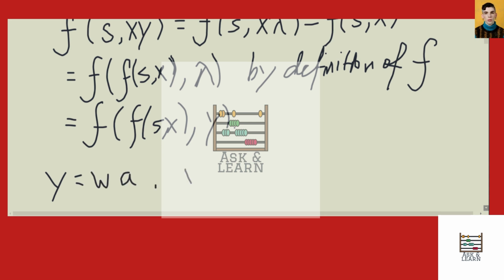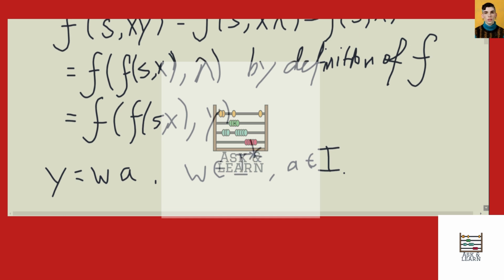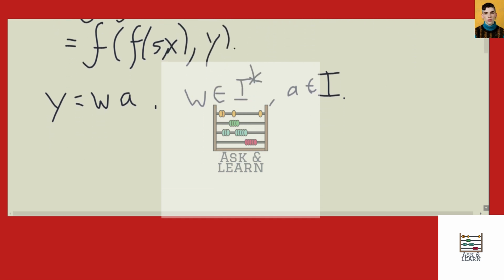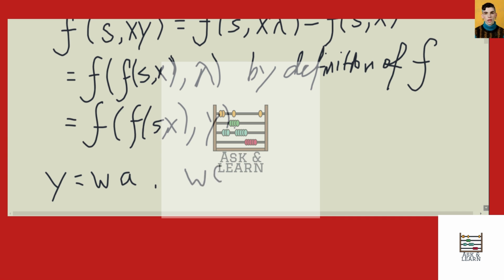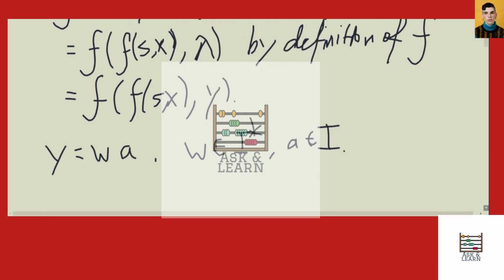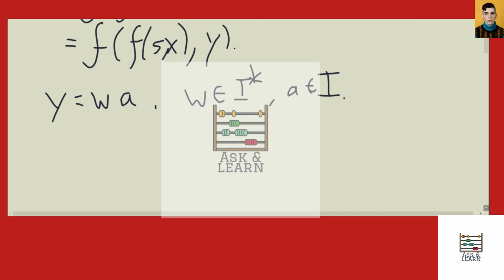Now for the inductive step, let's suppose that y is the string which is the concatenation of w and a, where w is a string and a is a letter. Now, we're going to assume the statement is true for w as part of the inductive step.